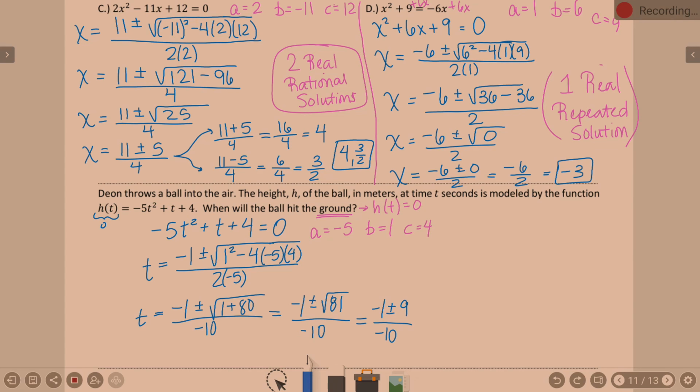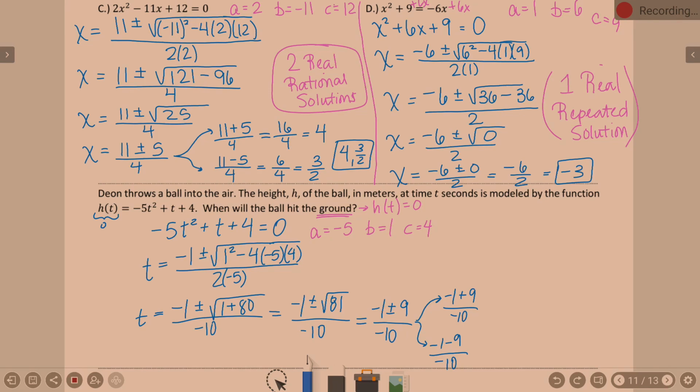Do I stop here? Nope. There's no square roots. We actually need to get our answers. Negative 1 plus 9 divided by negative 10 and negative 1 minus 9 divided by negative 10.